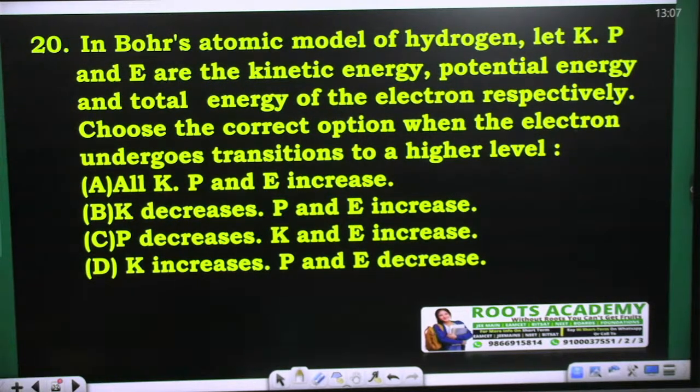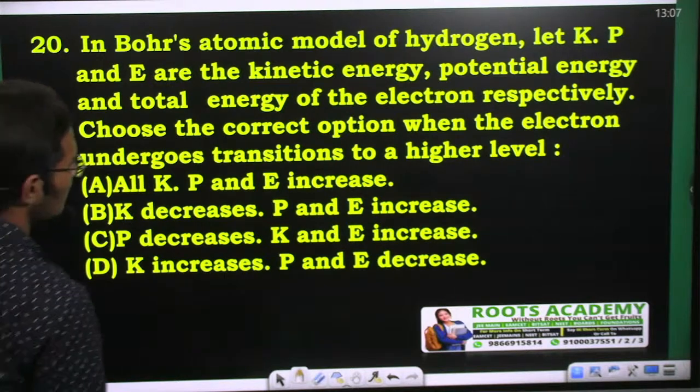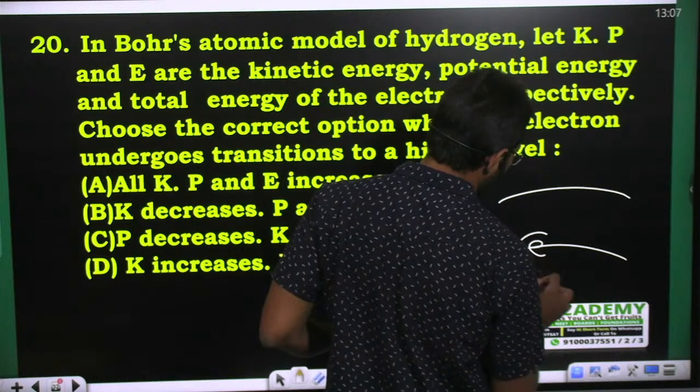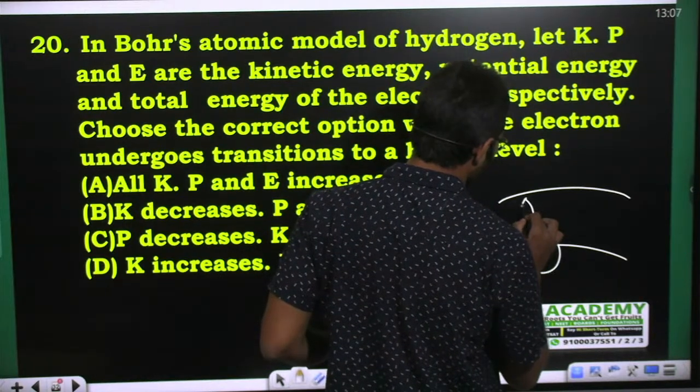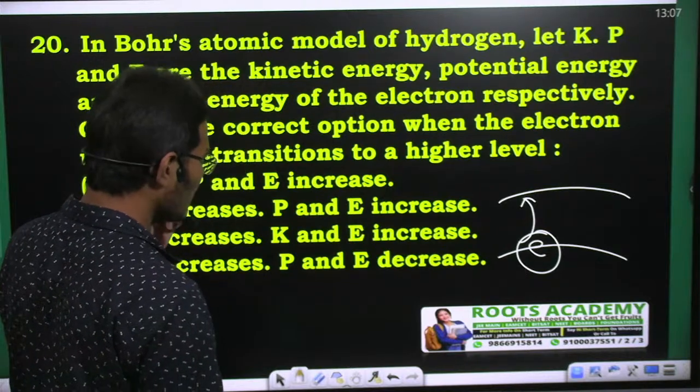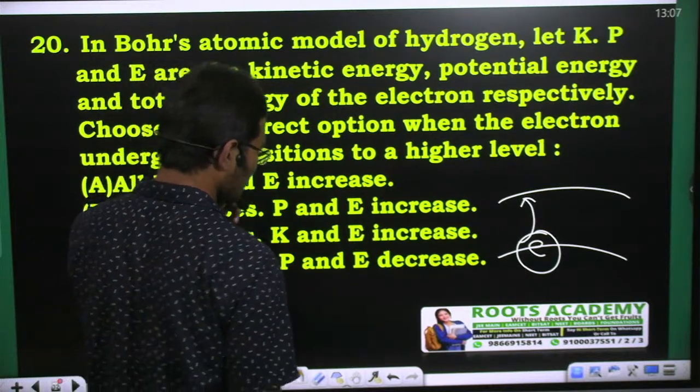So in Bohr's atomic model of hydrogen, let K, P and E be the kinetic energy, potential energy and total energy of the electron respectively. Choose the correct option when the electron undergoes transition to a higher level. See, when the electron goes from a lower level to a higher level, what do you think will happen to potential energy?